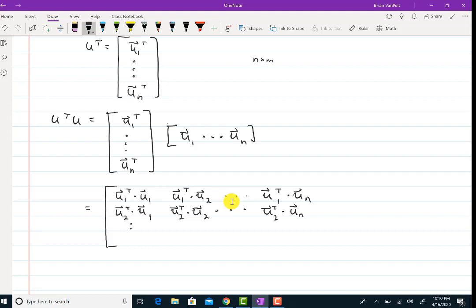And you keep going until we get to the very end. Here I'm going to have UN transpose dotted with U1, UN transpose dotted with U2, all till we get to UN transpose dotted with UN.